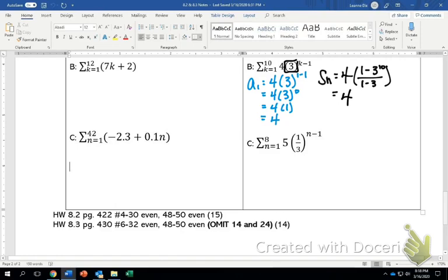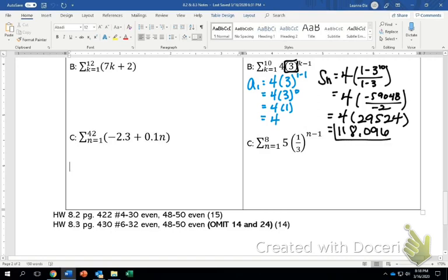We should get a negative 59048 over negative 2. From there, after dividing, we should get a positive 29524. And then by multiplying by 4, we should get a total of 118,096. So our summation should equal this.